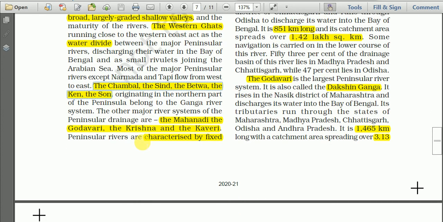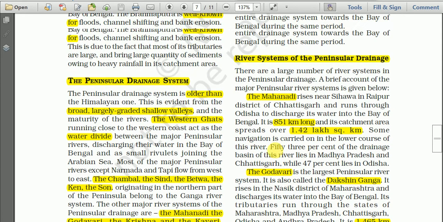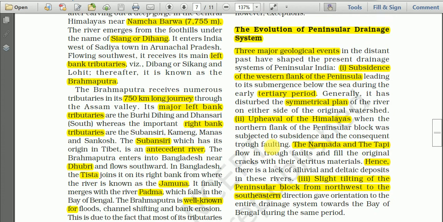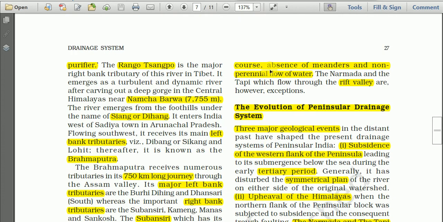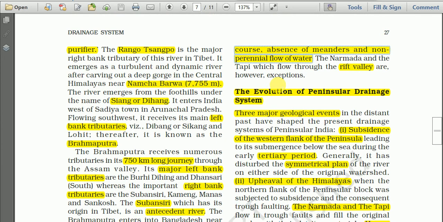The other major river systems of the peninsular drainage are the Mahanadi, the Godavari, the Krishna, the Kaveri. Peninsular rivers are characterized by fixed course, absence of meanders, and non-perennial flow of water.